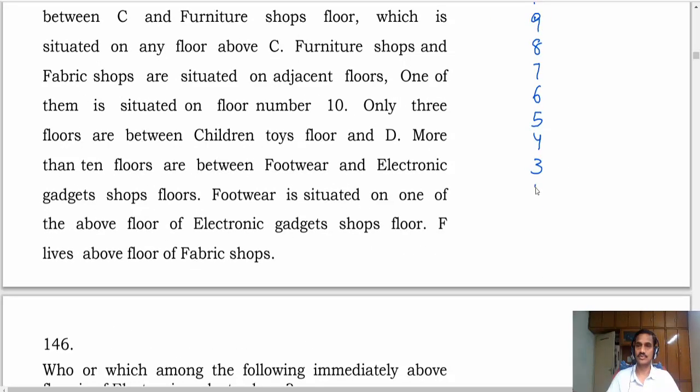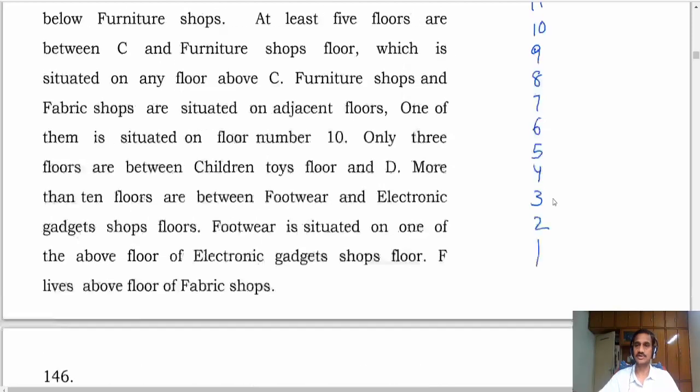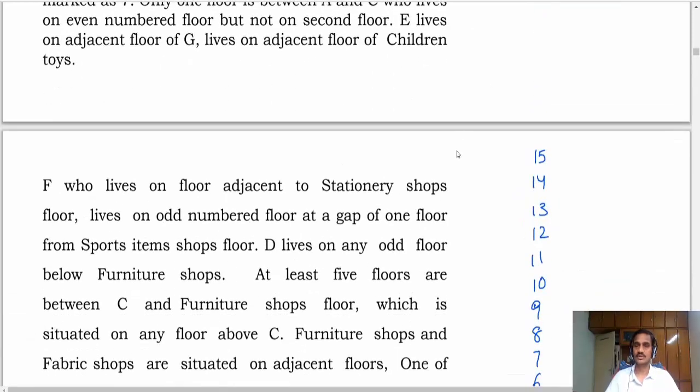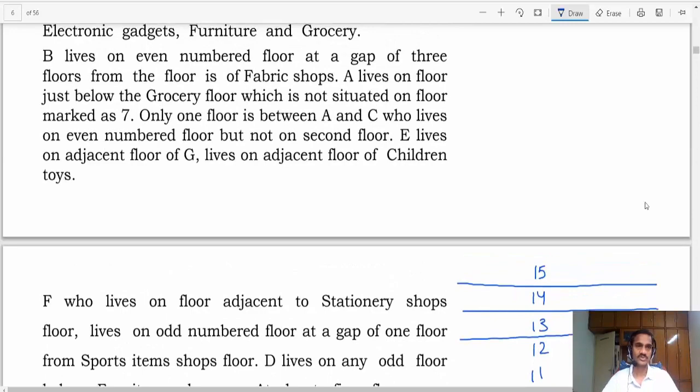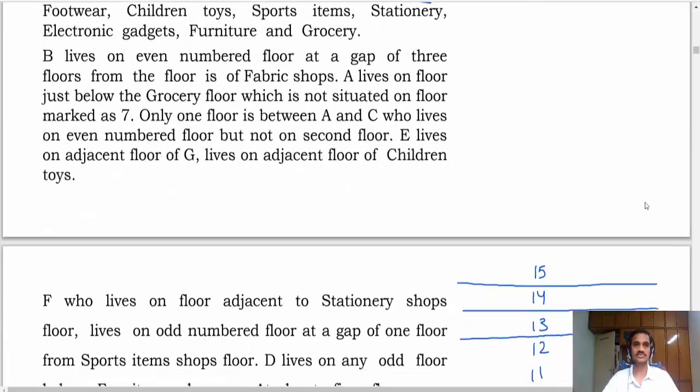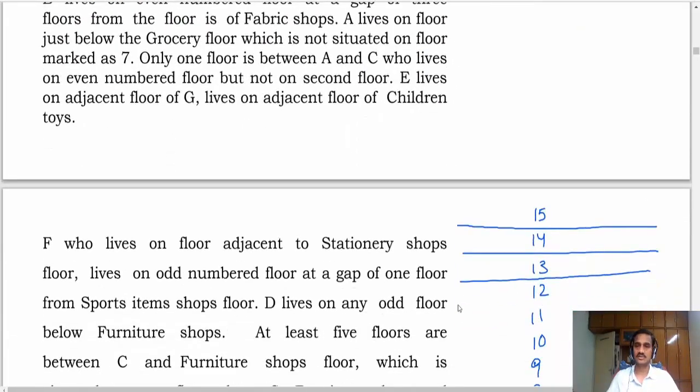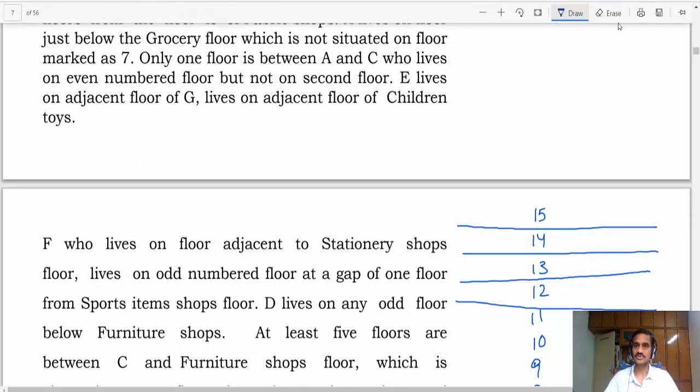All together how many are there? 15 floors. How many persons are there? There are 7 persons and 8 shops.